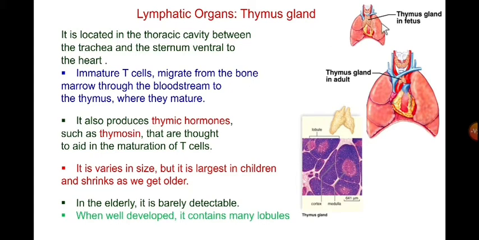In the elderly it is barely detectable. لما يكون العمر كبير تكون موجودة بشكل صعب تحسها. When we develop it contains many lobules. طبعا كل ما تقدمنا بالعمر بتحتوي على فصوص عديدة.